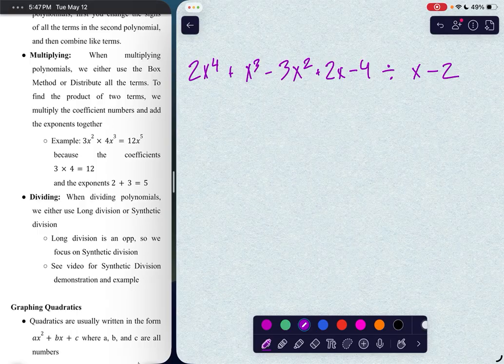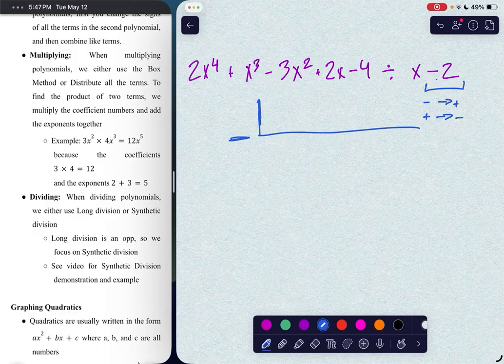So how we set this up, remember we use that little box. Over here we put the opposite of whatever this number is. Remember, a negative means positive, but a positive means negative. This says minus 2, so that's going to become a positive 2. And then inside the box, we put all the coefficients, all of our numbers.